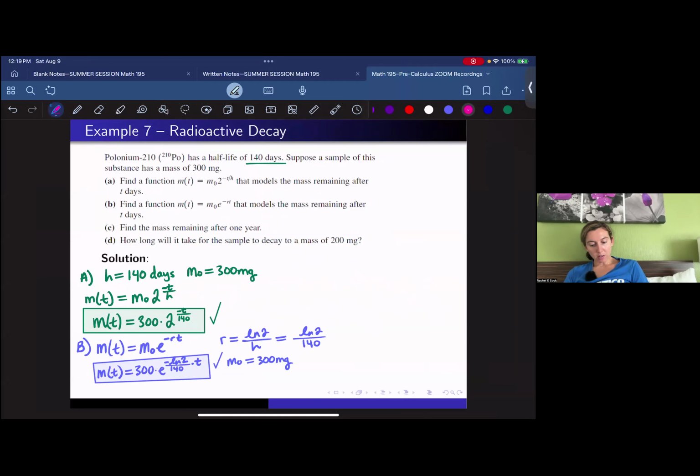We want to find the mass remaining after 1 year. So you can use either in this case. You're just plugging in. Remember, our units are in days, so 1 year in days is 365 days.